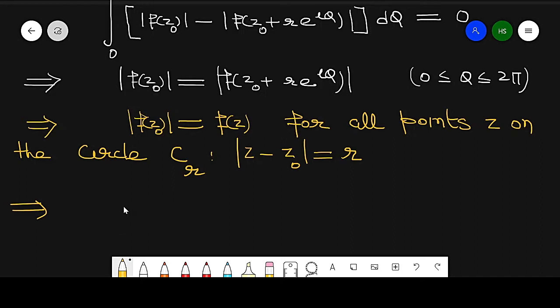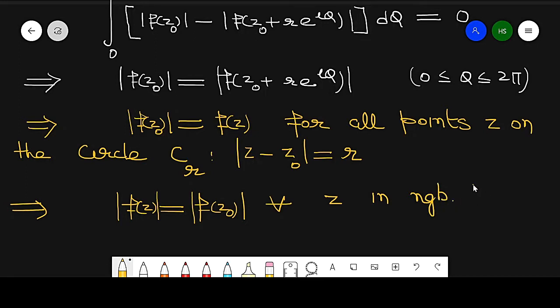So it implies f of z is equal to f of z naught. This is for every z in the neighborhood |z minus z naught| less than epsilon.